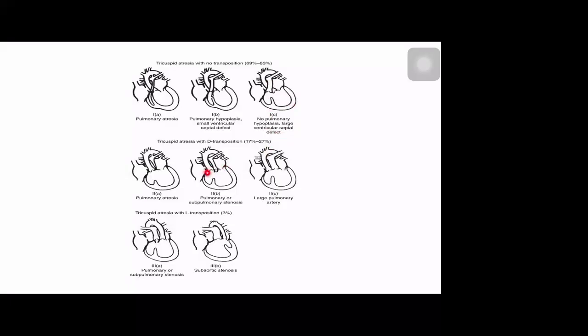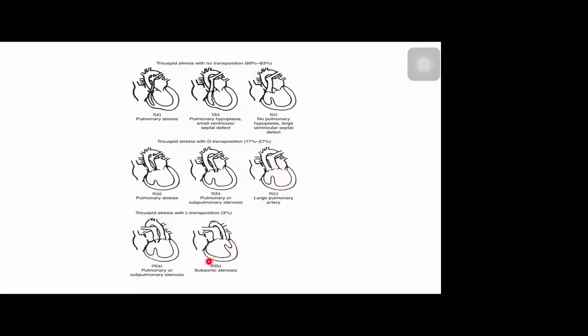Coming to type 2, that is DTGA. In type 2A, 2B, and 2C, in all these subvarieties, there is presence of a ventricular septal defect. Type 2A has pulmonary atresia, type 2B has pulmonary stenosis, and type 2C has no restriction of pulmonary blood flow, that is, no pulmonary atresia or stenosis.